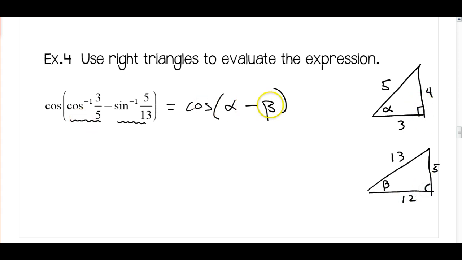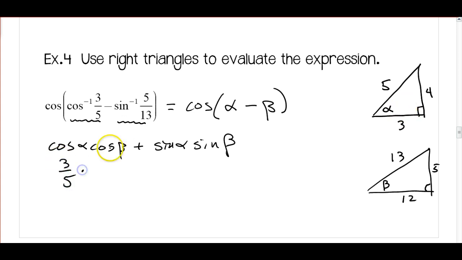So I've got the cosine of alpha minus beta, which is cosine alpha cosine beta plus sine alpha sine beta. So then I'm going to use my two triangles to find all these. Cosine alpha is 3/5. Cosine beta is 12 over 13.